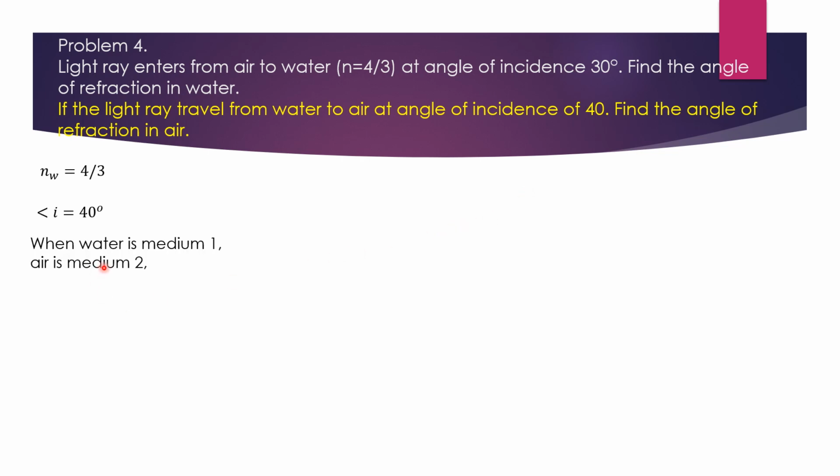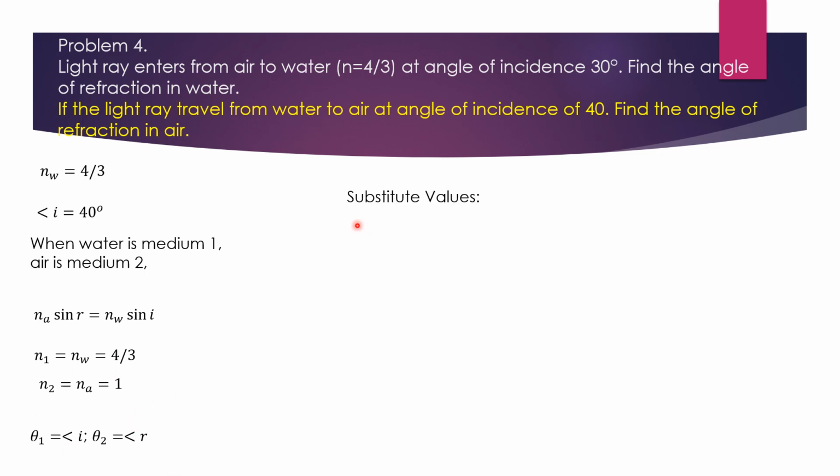So when water is medium 1 and air is medium 2, we get this generalized equation as na, the second medium, air, refractive index times sine of r equal to the first medium, water, refractive index times sine of the angle of incidence. Light travels from water to air. So these are the values we are substituting into this equation: 1 sine r is equal to 4 by 3 sine of 40.